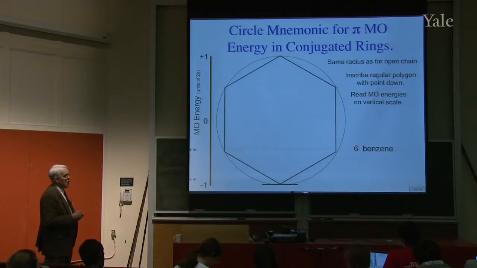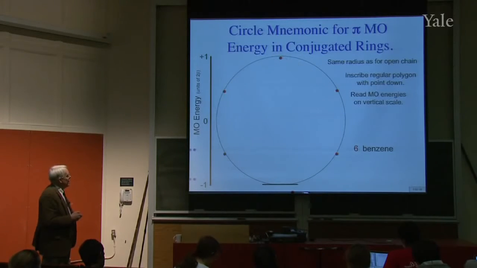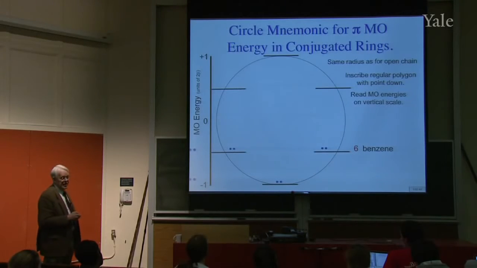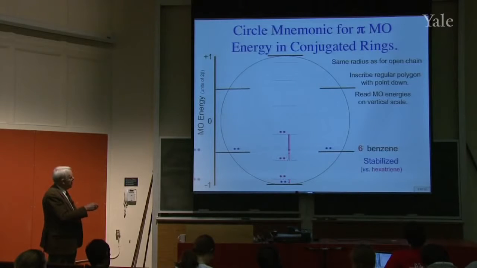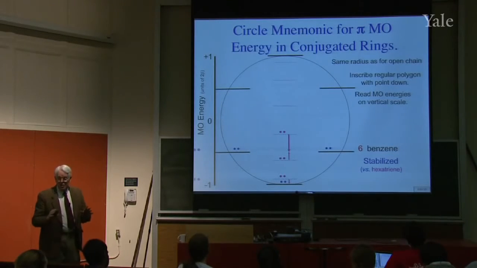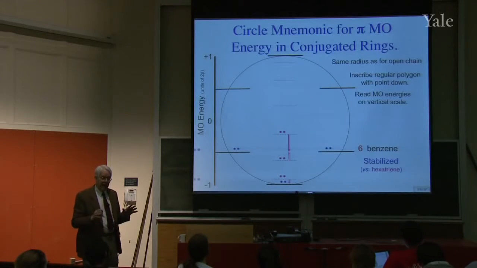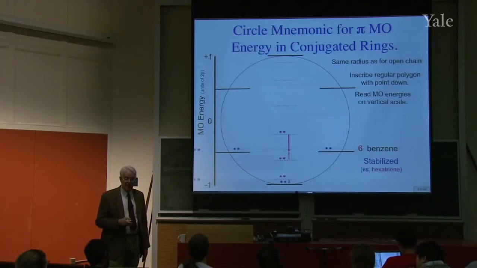Okay, now if you have benzene, you have 6, and they look like that, right? And now we have 6 electrons to put in, and we compare it with hexatriene as a chain, which has that. And now you notice these went down a little, these went down a lot, these went up, but not very much. So this is where we got that 30 kilocalories of special stabilization in benzene, right?